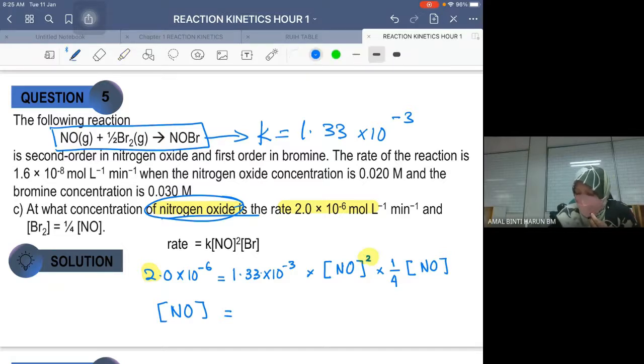So, ni first order, power of 1. Okay. Kenapa dia dekat sini? Jangan lupa.